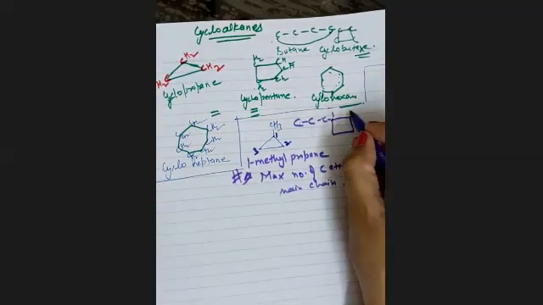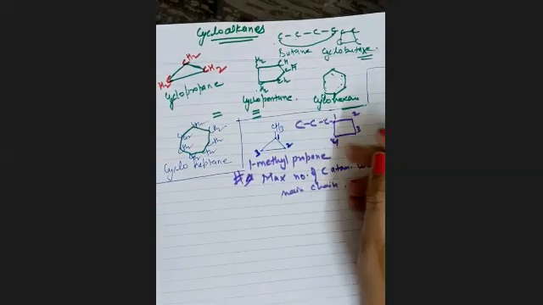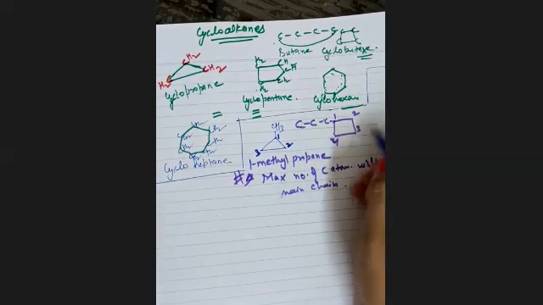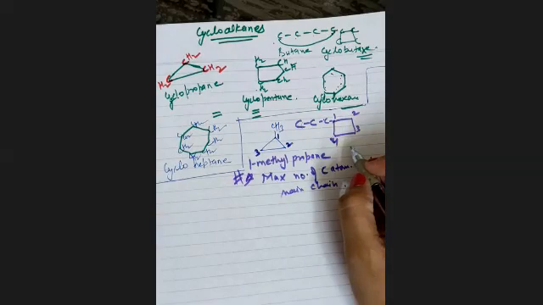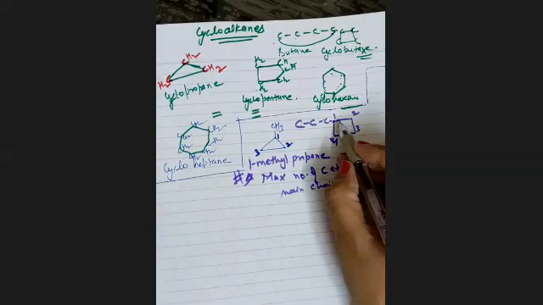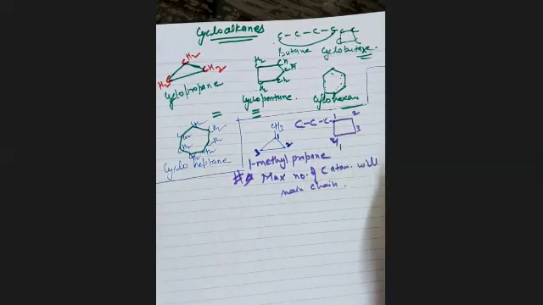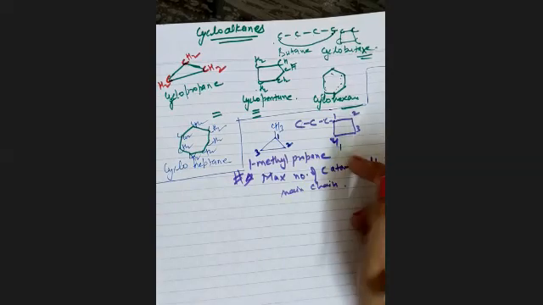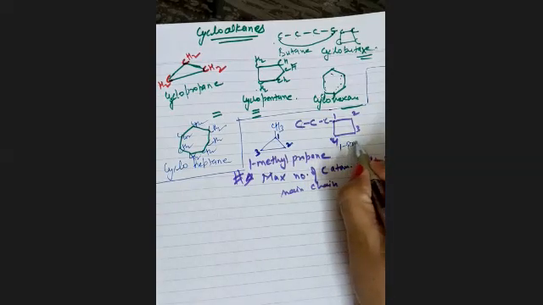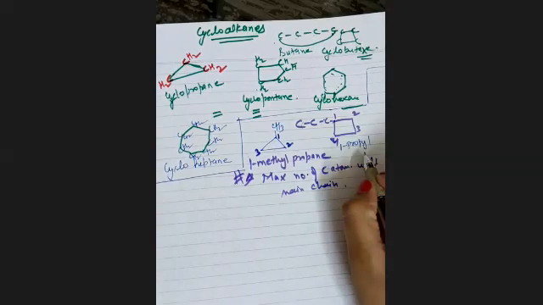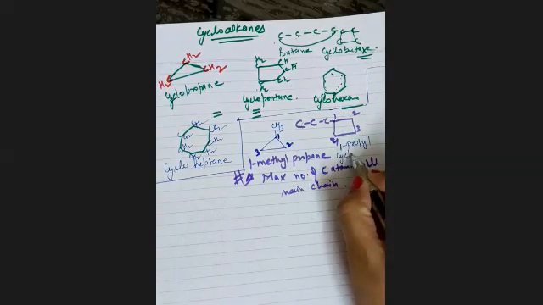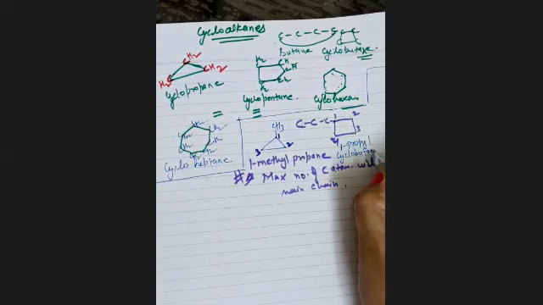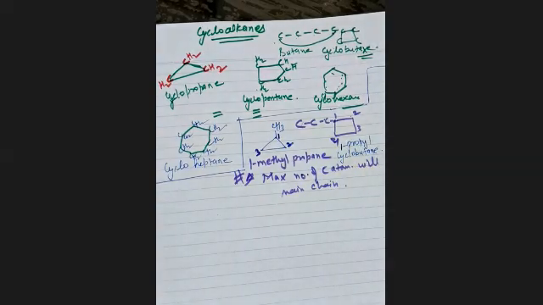So the main chain will be 1, 2, 3, and 4. No need to go inside it. So we can write it at first position; at first position we have what? Propyl, 1-propyl. Okay, and this is 1, 2, 3, 4, cyclobutane. Clear? This will be 1-propyl cyclobutane.